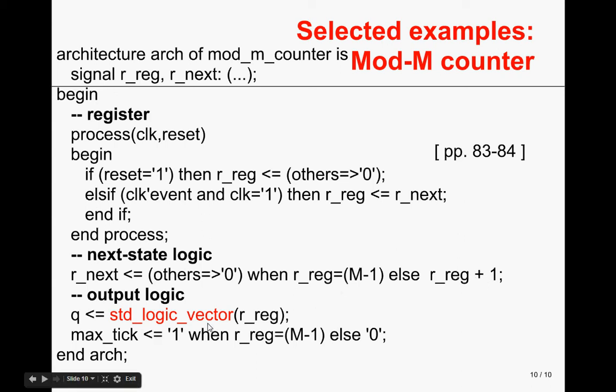Adding 1 again means that this is the unsigned data type, so when we in the output logic allocate the values of our regs into output Q, we will have to convert them from unsigned to standard logic vector data type. This example is presented in pages 83 and 84, and again I strongly suggest that you take the time to copy or to open this listing file in the project navigator and carry out this example in test bench.